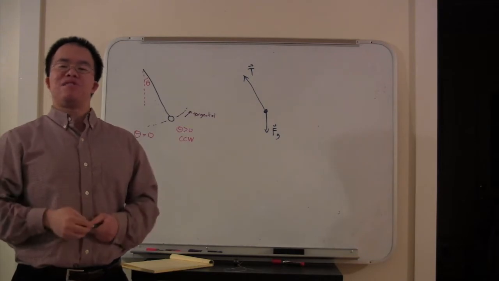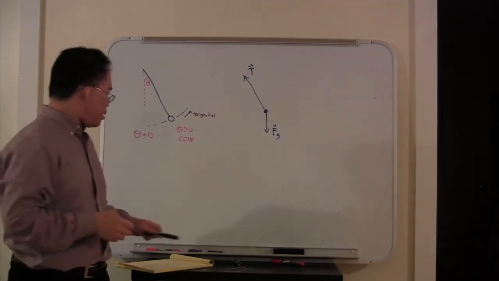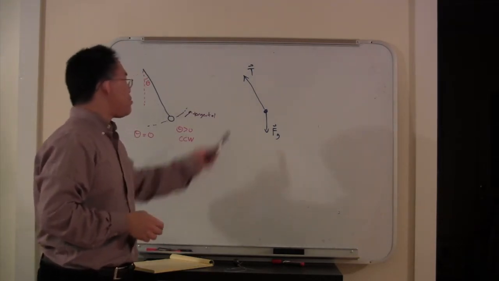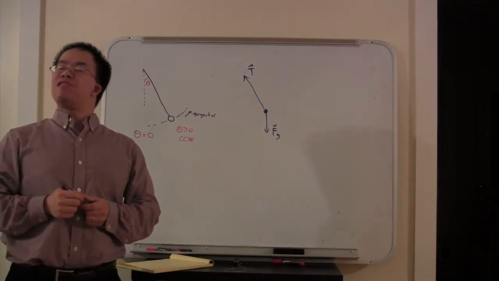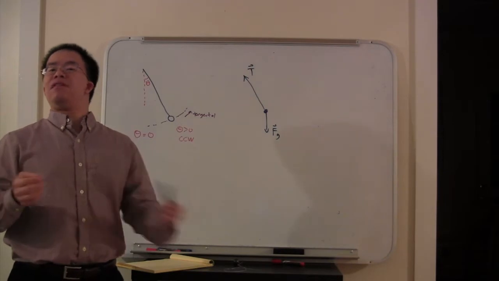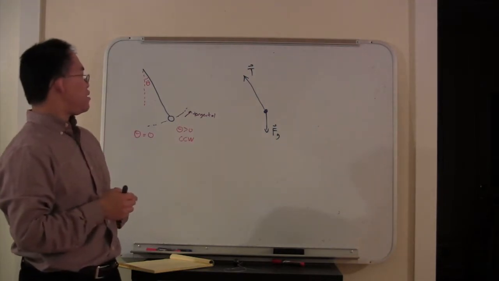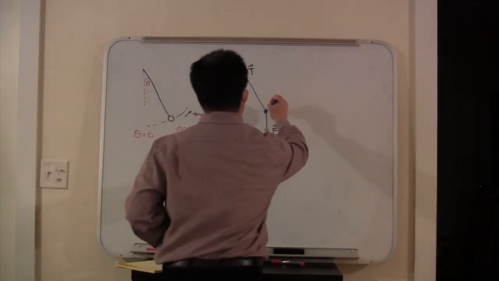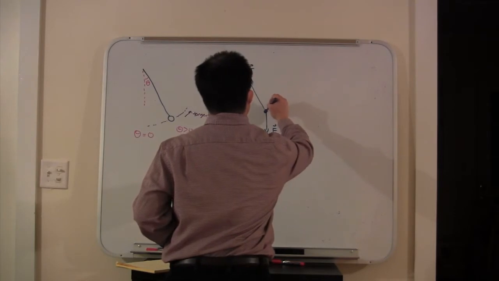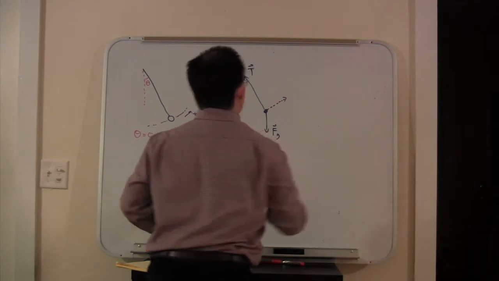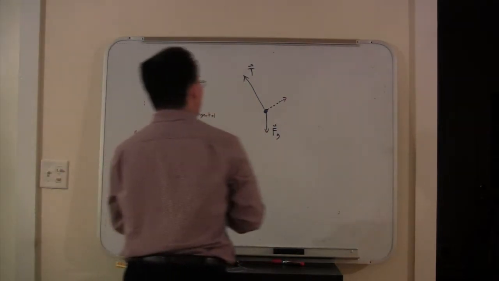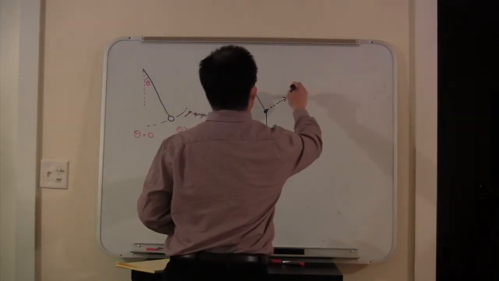Now, because this is motion in a circular arc, we're going to want to draw a useful coordinate system here. The useful coordinate system we'll take is the radial and tangential system. So at this instant, the tangential direction, I'll label that T for tangential.